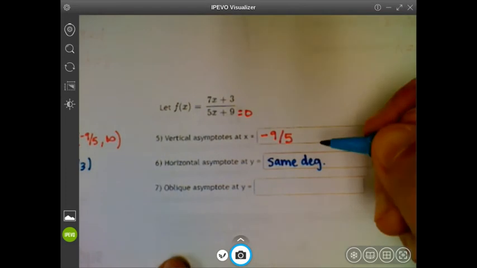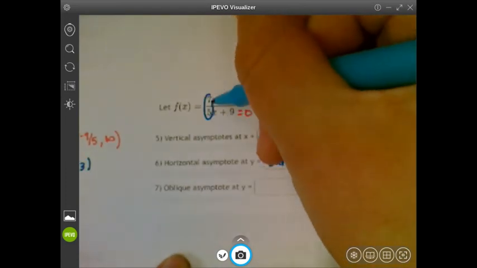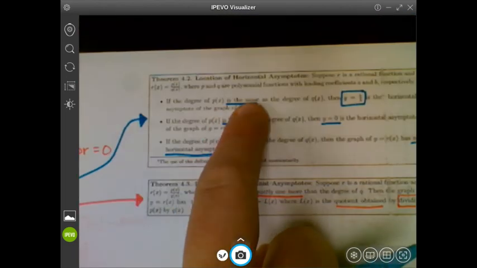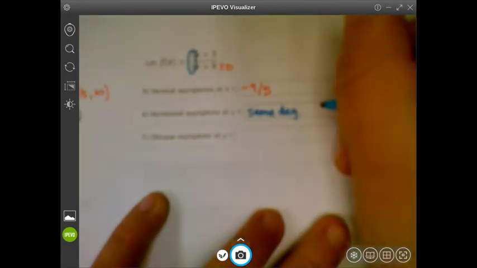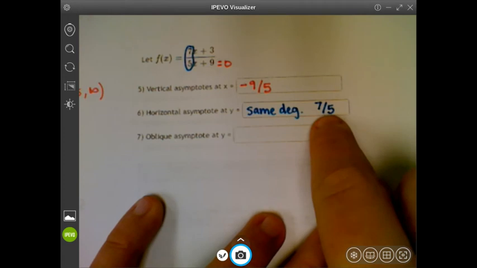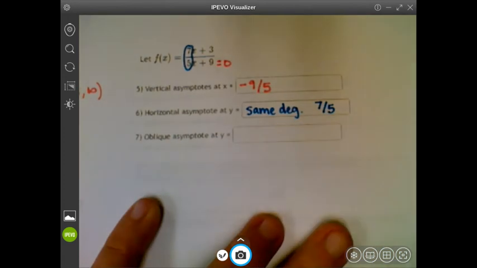So what we're going to do is look at just the coefficients in front, the numbers in front, and that is 7 over 5. So it's actually this first option up here. They're the same. It's at y equals 7 over 5. So since this is the same degree, it's y equals 7 over 5. So you'll just plug in 7 over 5 because it already says y equals here in the front. So 7 over 5.